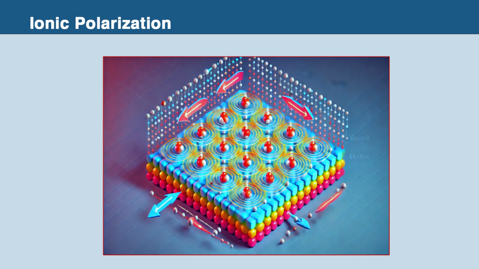This occurs in materials where there are positive and negative atoms or ions. When an electric field is applied, these ions are displaced in opposite directions, and this creates a dipole moment.